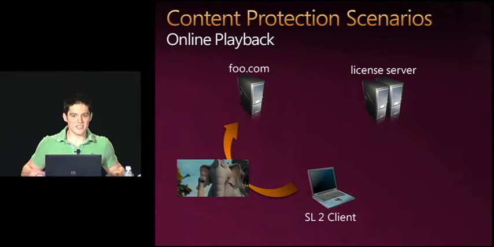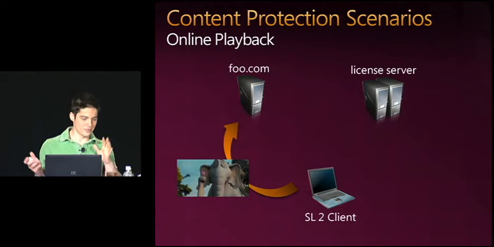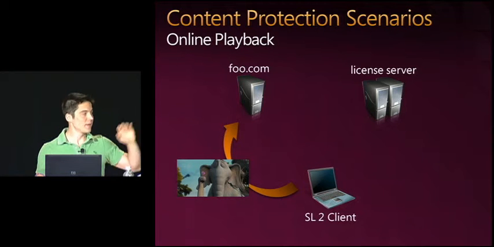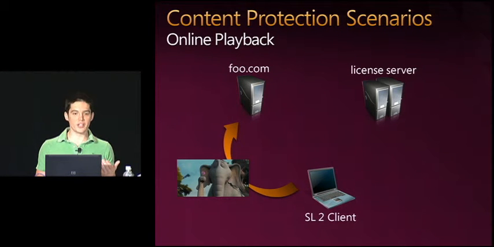At this point, the client doesn't even know that this is a protected media file. And essentially everything we talked about before can still apply to foo.com. So it could be a regular web server, it could be a streaming point, or even a live stream that the client's requesting. So they make a request for the file.